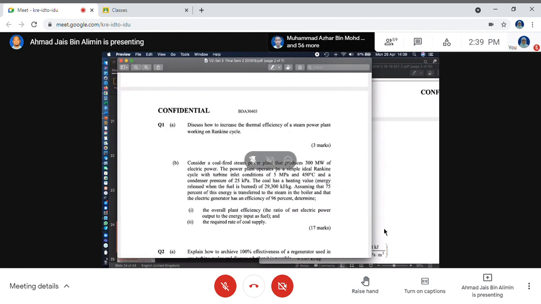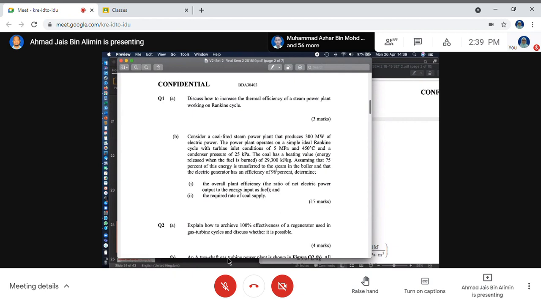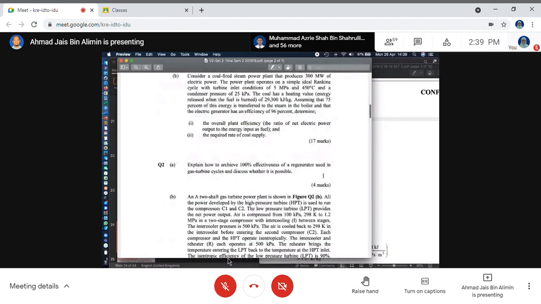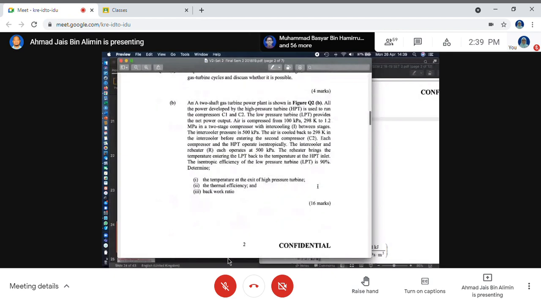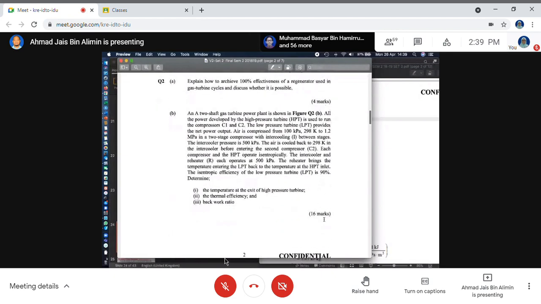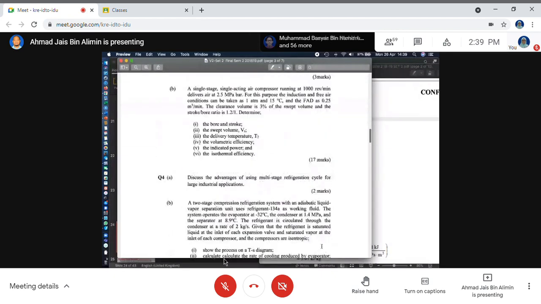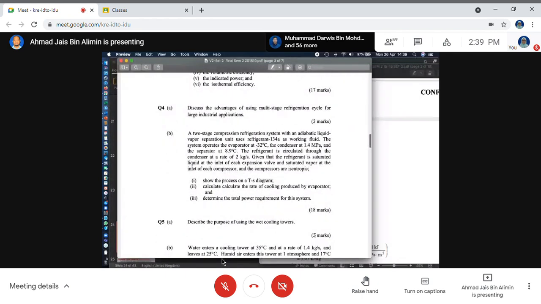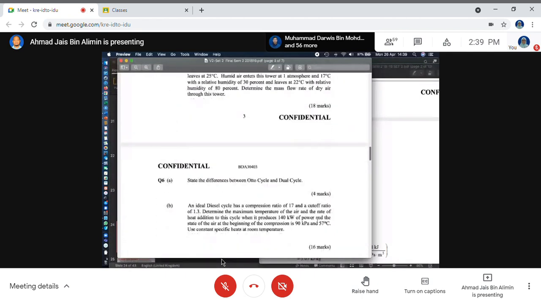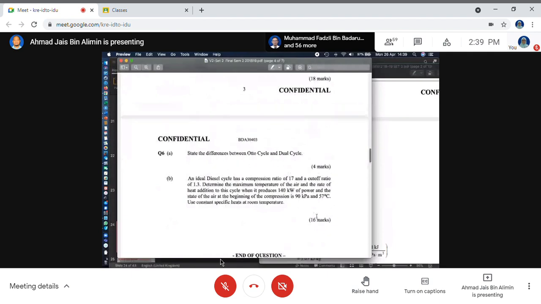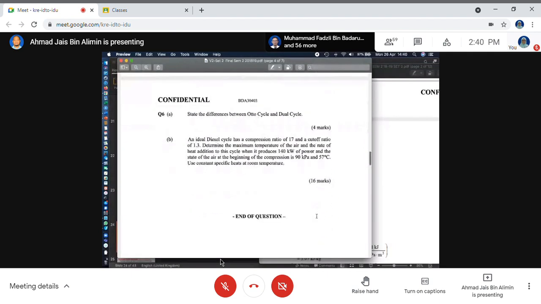Dan kalau awak perhatikan soalan-soalan, soalan 1 4A 3, 4B 17, soalan 2 4, soalan 4B 16, 3 17, 2 18, 2 18, 4 16, soalan 6 pasal ICE.